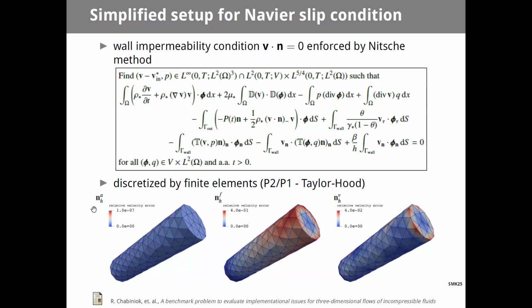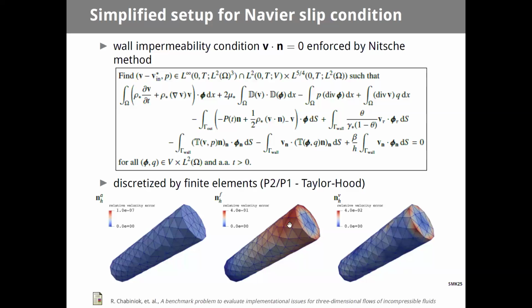So this one, if you use the analytic normal, so you know it's a cylinder, so you can write the exact normal to the cylinder, and if you use it in the formulation, you get quite a nice solution close to the analytical solution. But if you take the normal, this one is what we call the facet normal. So in each triangle, you just take the normal to the plane of the triangle on the boundary and compute it. Then you get quite a bad solution with the Nečas method.